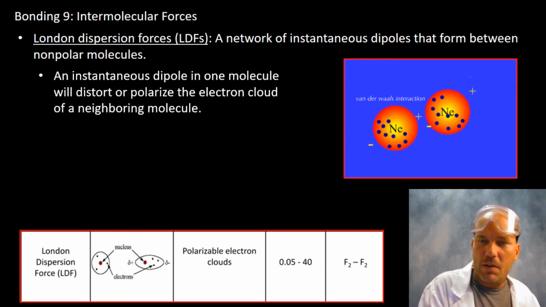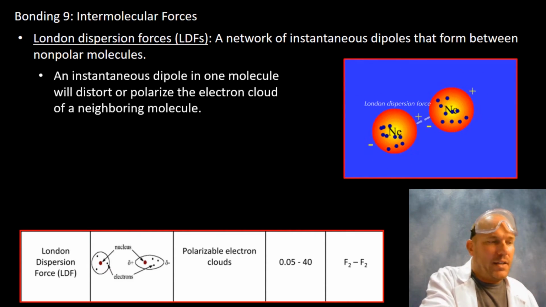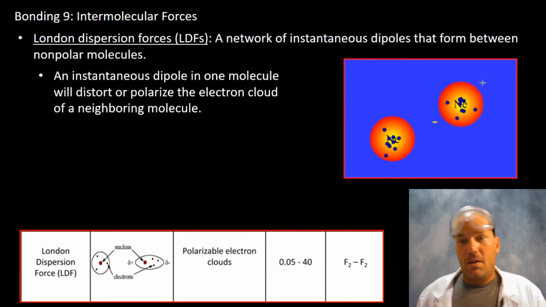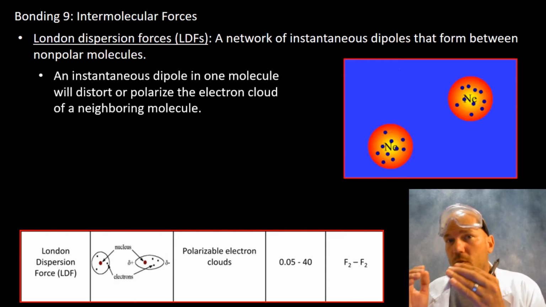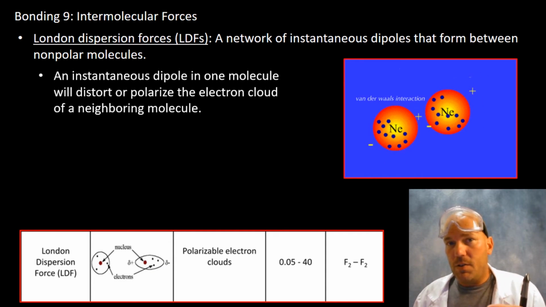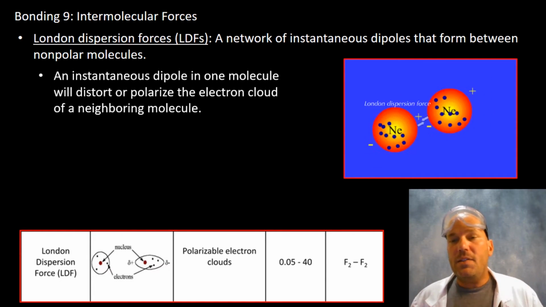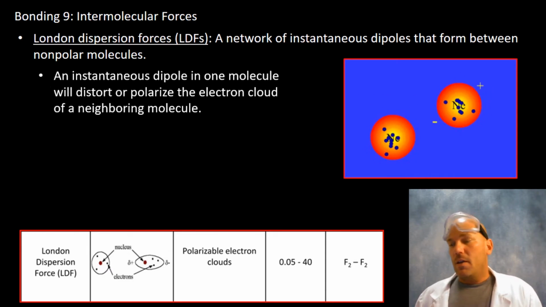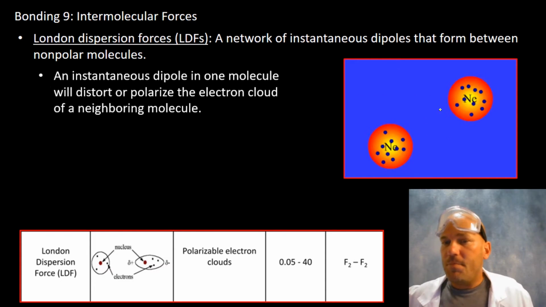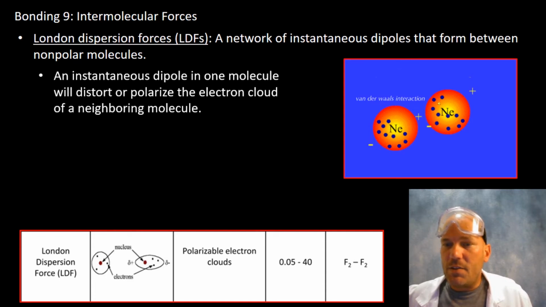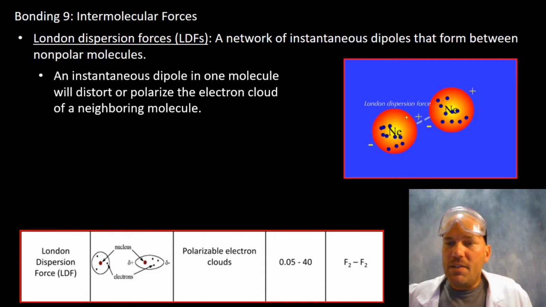Dipole-induced dipoles are different. A dipole is inducing a dipole on a nonpolar. In this case, two nonpolars are inducing instantaneous dipoles on each other based on their proximity, based on the attractive force. Here in this neon, we see these electrons going to one side, so electron density increases here. What happens to these?